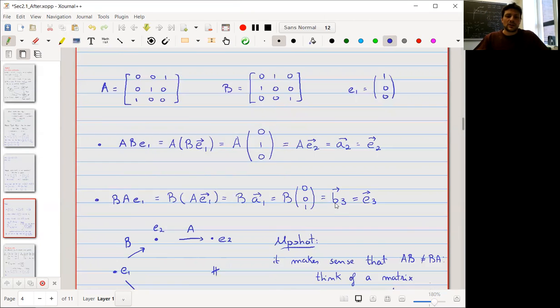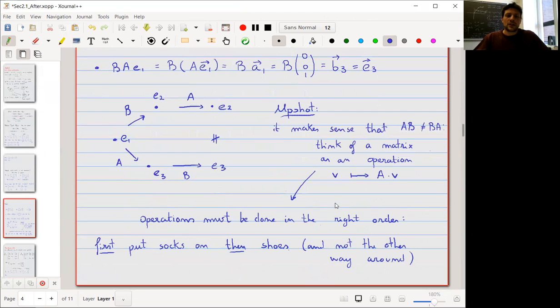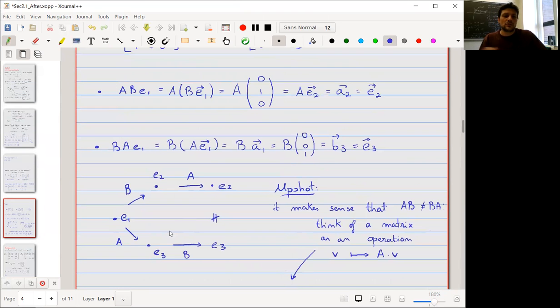So what have we done here? Here's our upshot. We started from a vector E1, and in the first of the two computations, we multiplied it by B. And when we did that, we got the vector E2. And then we multiplied E2 by A, and A times E2 is equal to E2.